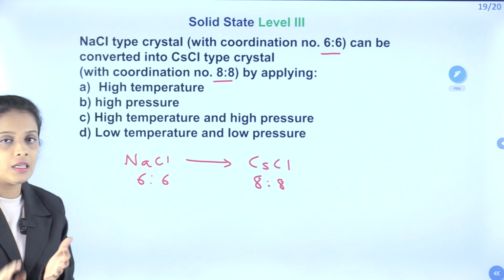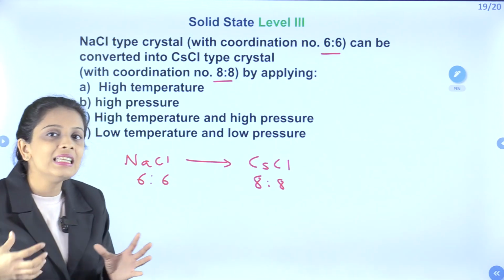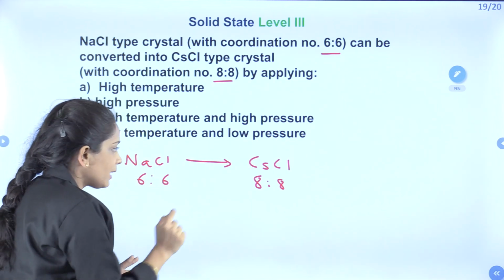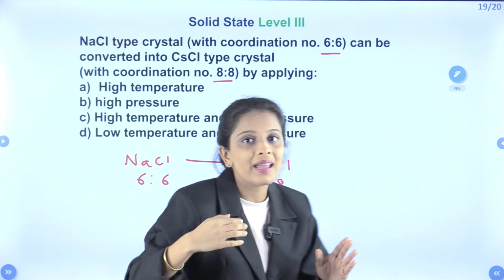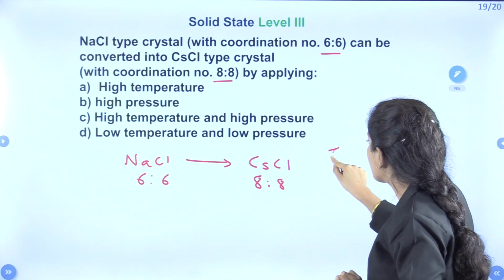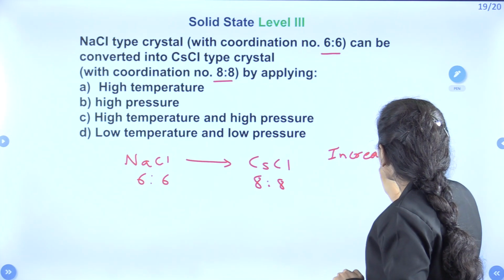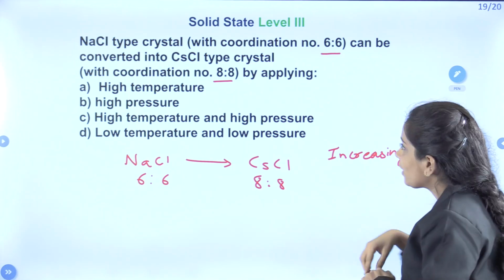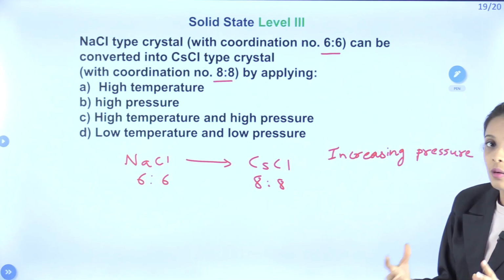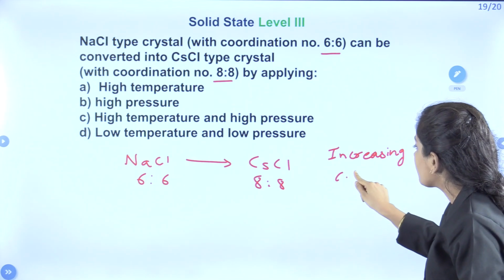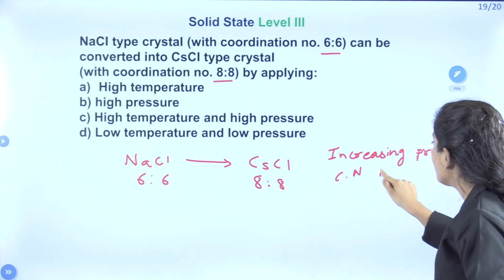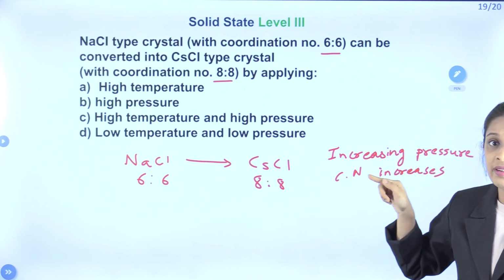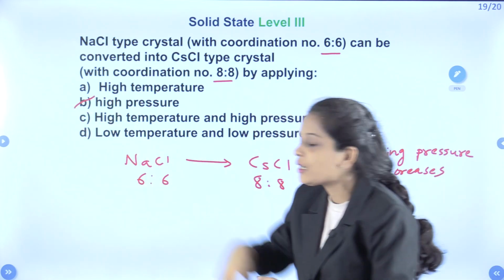So, how can we increase the coordination number of any compound? The simple answer is by applying pressure. Make this part very clear in your mind that by increasing pressure, the coordination number, CN in short, increases. So, student, for this question the answer is obviously high pressure.